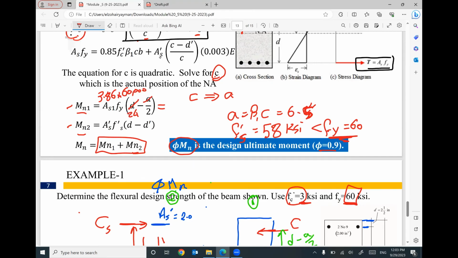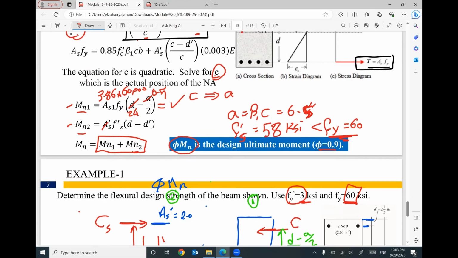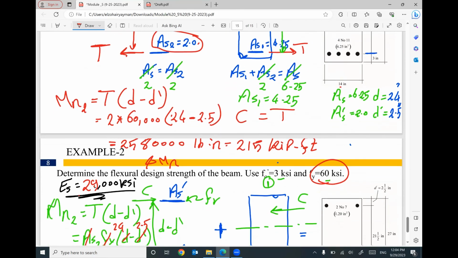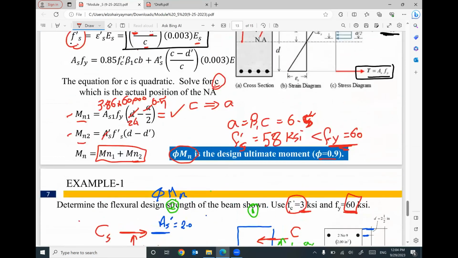Your A equals 6.5. I can find out the value of Mn1. Value of Mn2, area steel prime equal 1.2. Your f s prime equal 58, not 60,000, 58,000. Your depth 24, your depth prime 2.5. I can find out the value of Mn2. Once you get the two values of moment, you can add them together to find out the total Mn.